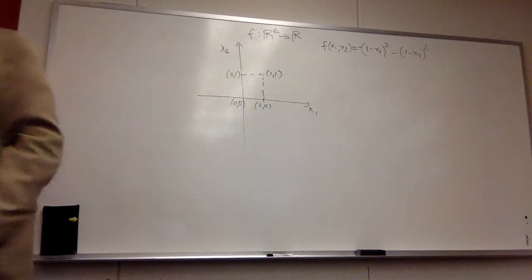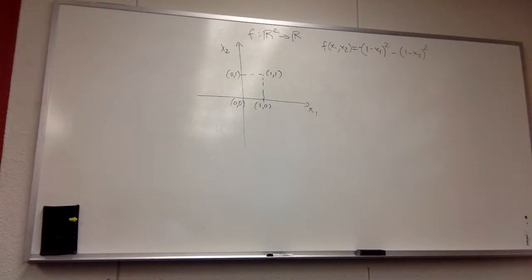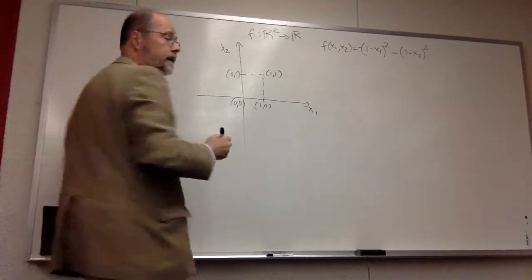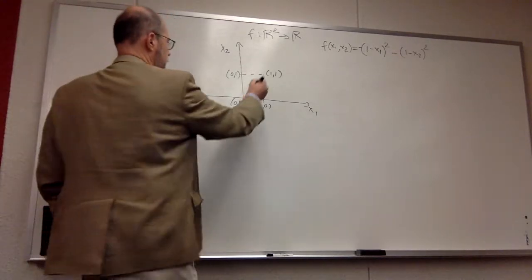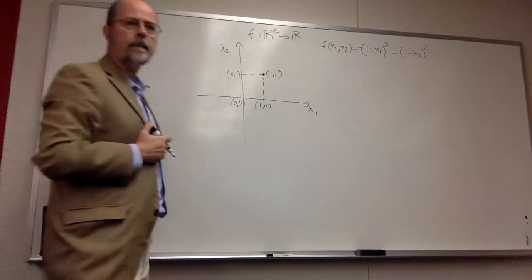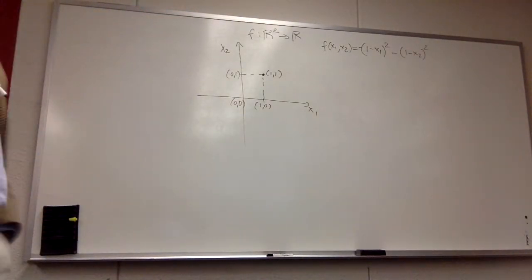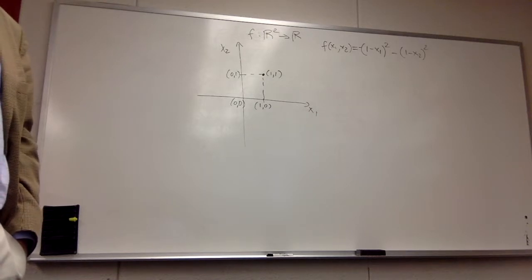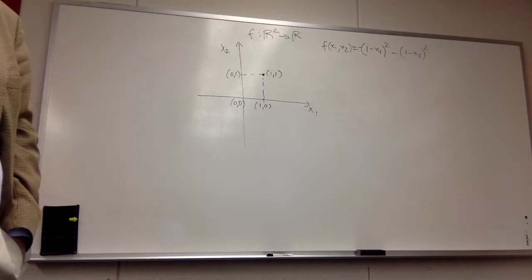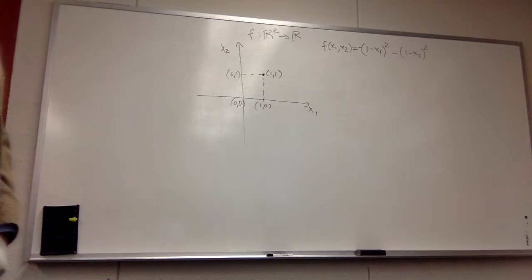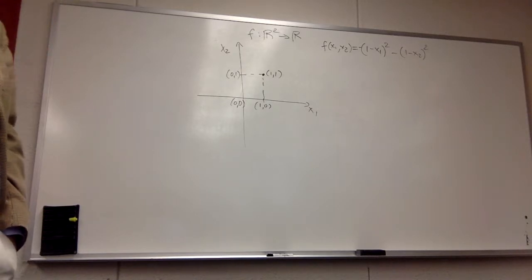I claim that it is not difficult to see that this has a maximum, and in fact it is a global one, right at the point 1, 1. Because what is the value of the function when x1 equals 1 and x2 equals 1? It is 0, right? And if any one of the x1 or the x2 is different from 1, the function attains a negative value.